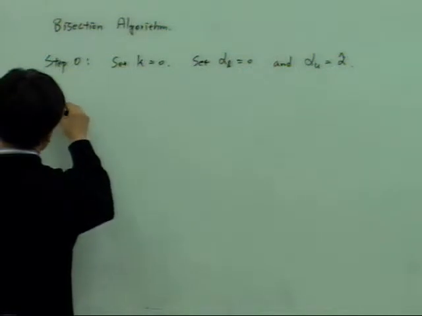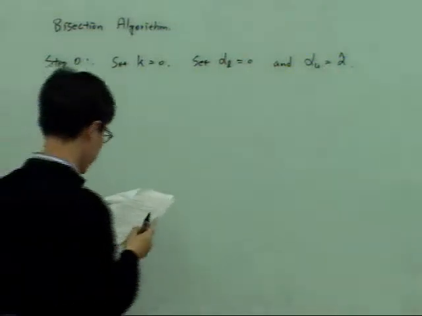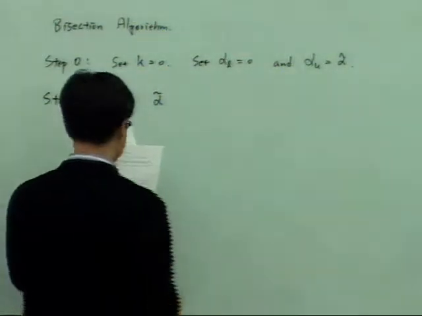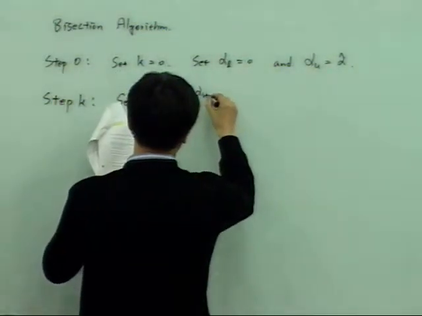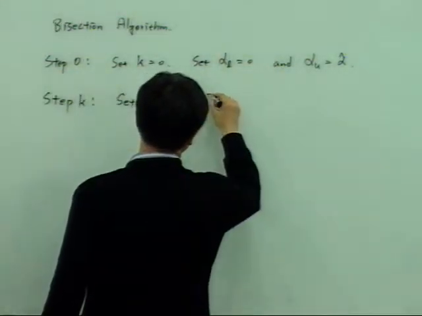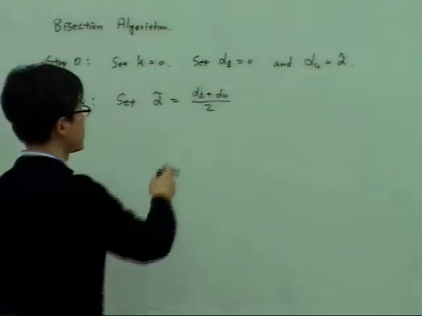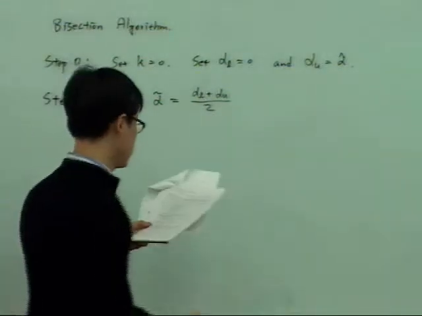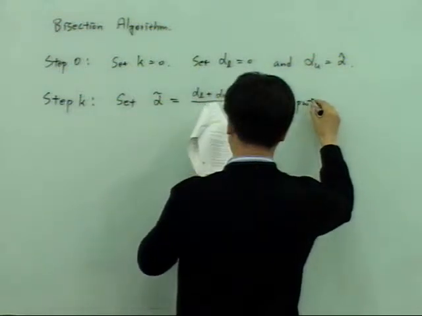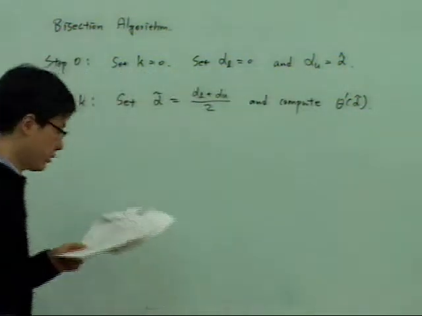And step k: because it's a two-step iteration, set alpha tilde equal to alpha sub l plus alpha sub u divided by 2. Because of this, the name bisection, and compute.